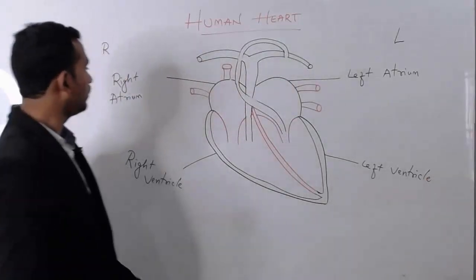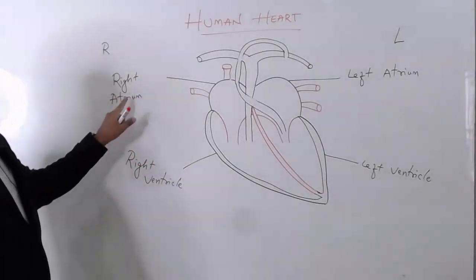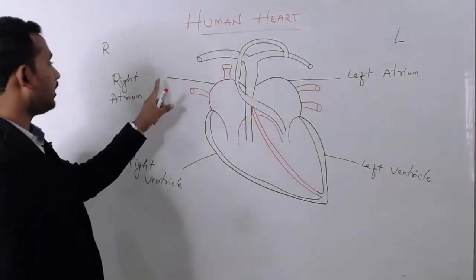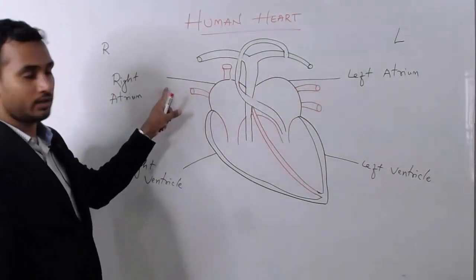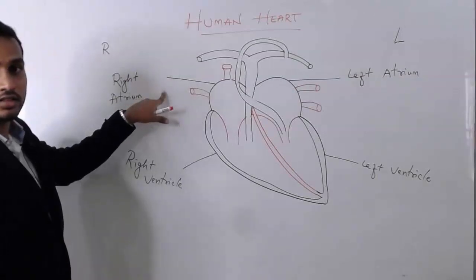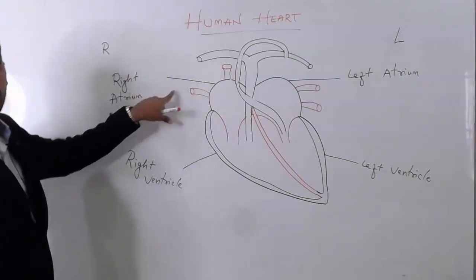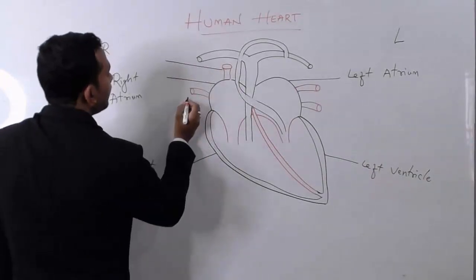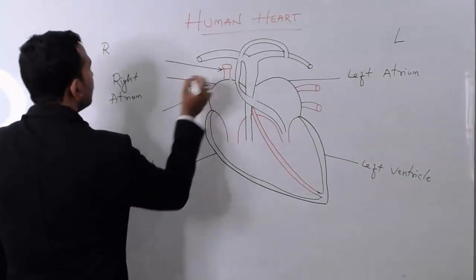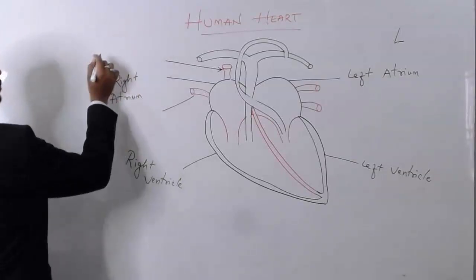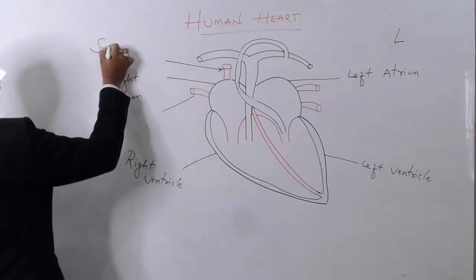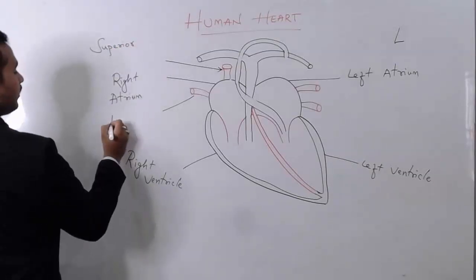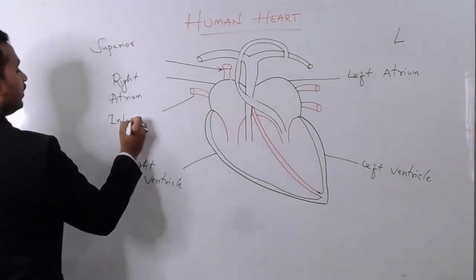Okay, atrium means anti. This is atrium. This anti is going out, so this and this part, can you see here, this is called as superior and this part is called as inferior.